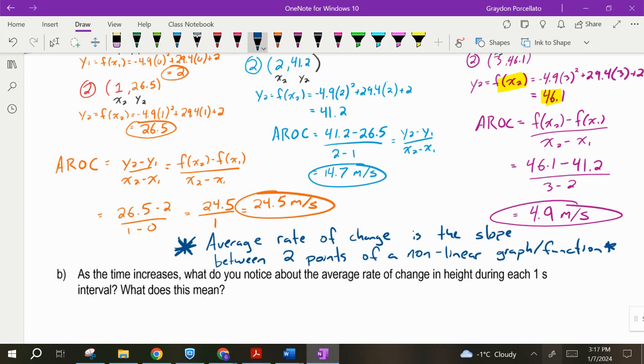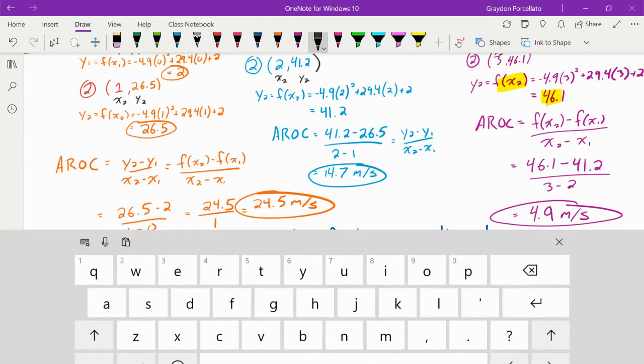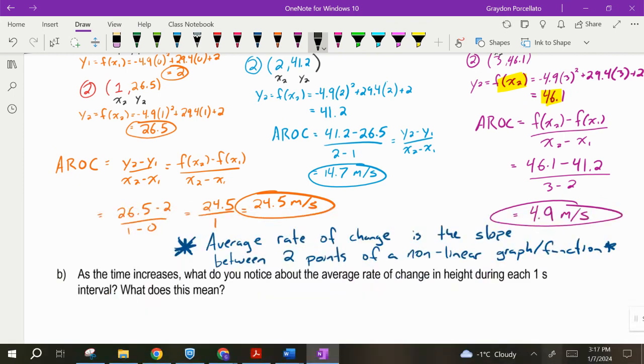It says, as time increases, what do you notice about the average rate of change? Now, again, for me, when I read average rate of change, I always read this as slope. Let me read the whole thing, and I'll read it both ways.